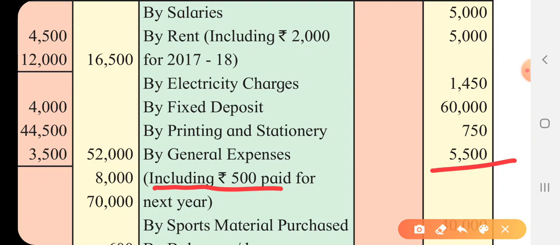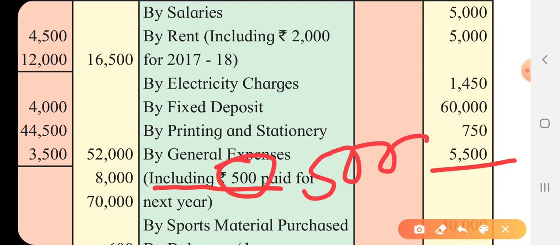So only current year's general expenses will be debited to income and expenditure account. Means 5,500 minus 500. Only 5,000 belongs to this year, and that amount will be debited to income and expenditure account.